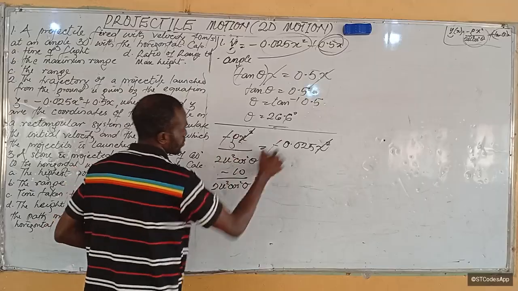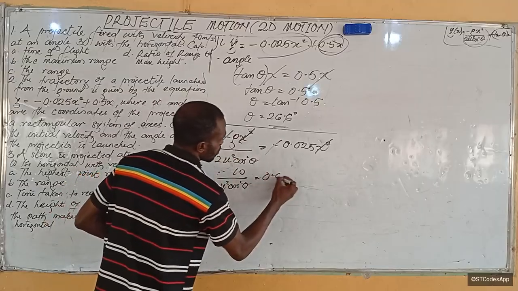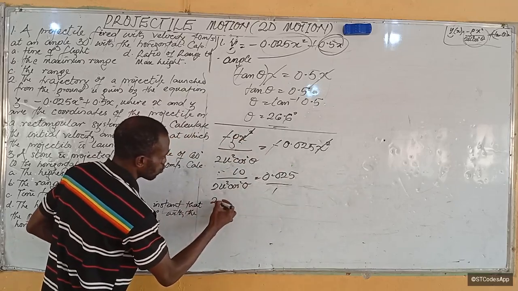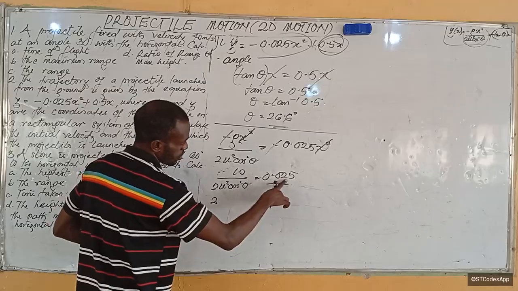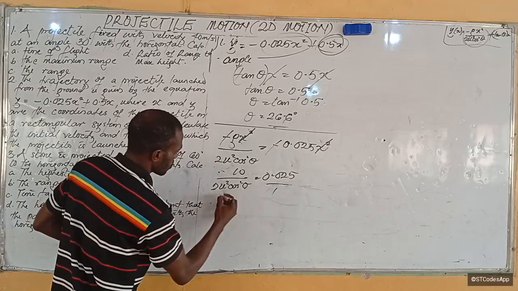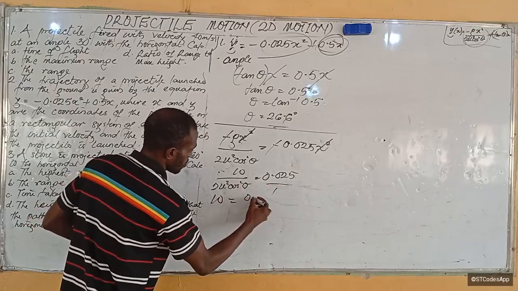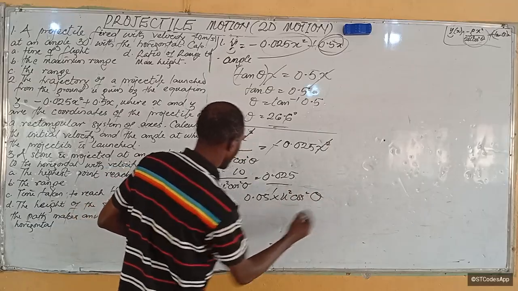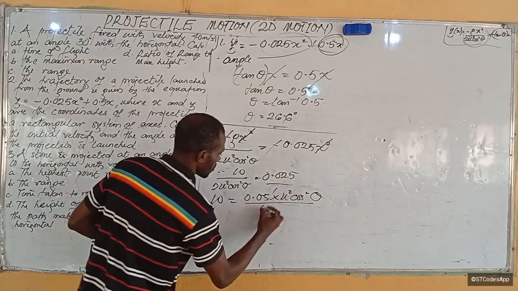Minus takes care of minus already, so this can go: 0.025. By the time you cross multiply, you have 2 times 0.025, that is 0.05. So it becomes 10 equals 0.05 times u squared cos squared theta. So what do you do? Divide both sides by 0.05.